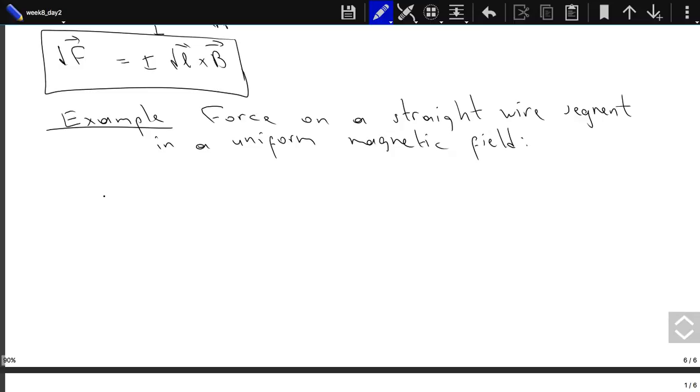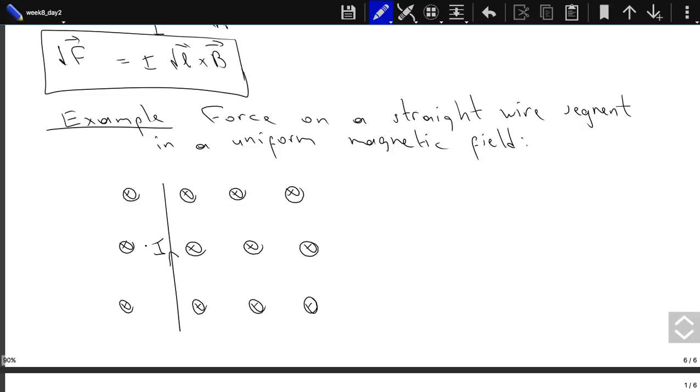Let's say we have a magnetic field, again pointing into the screen, and this rod carrying a current I, just like in our example. But this time we can take the rod to be infinite. The question is, what is the force acting on unit length of this wire?